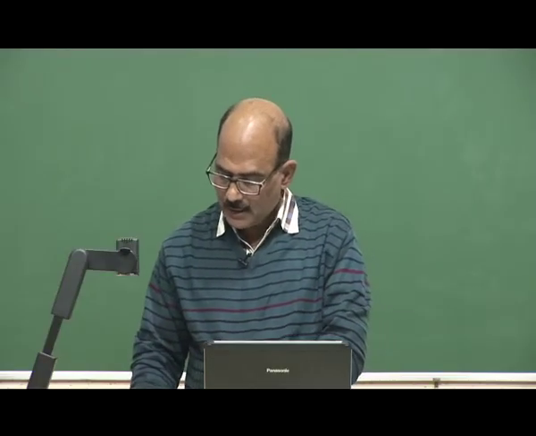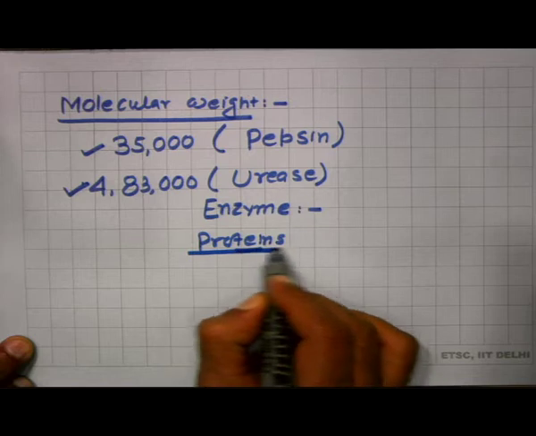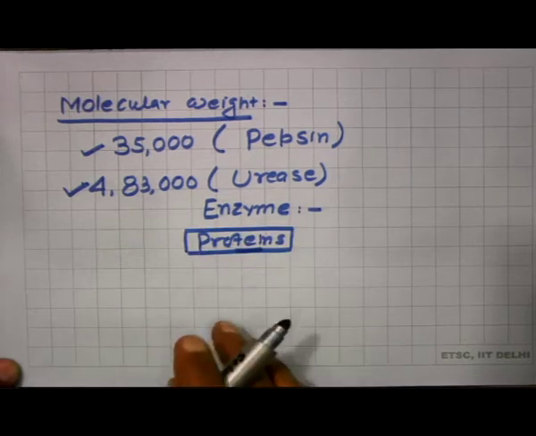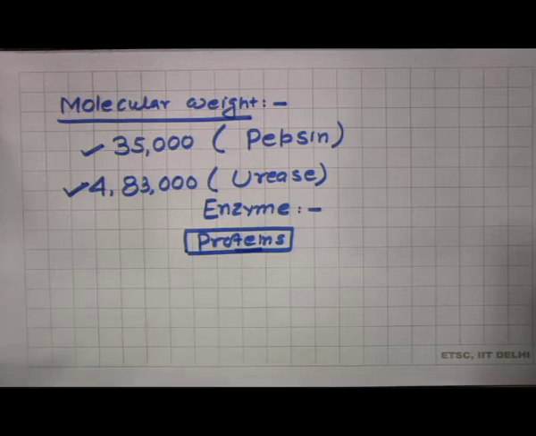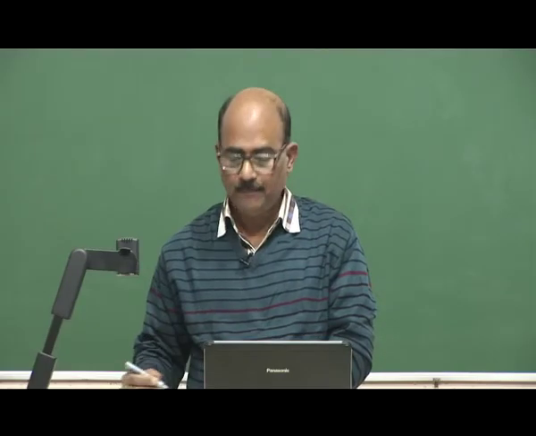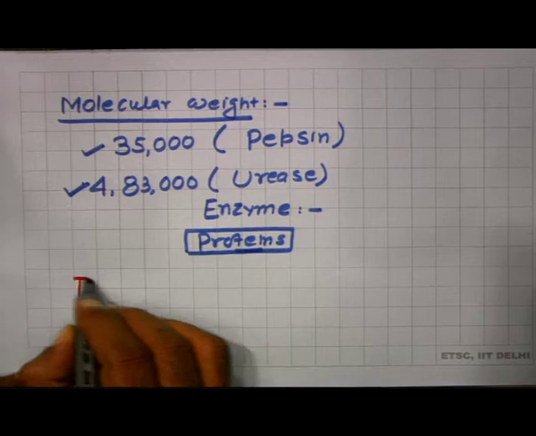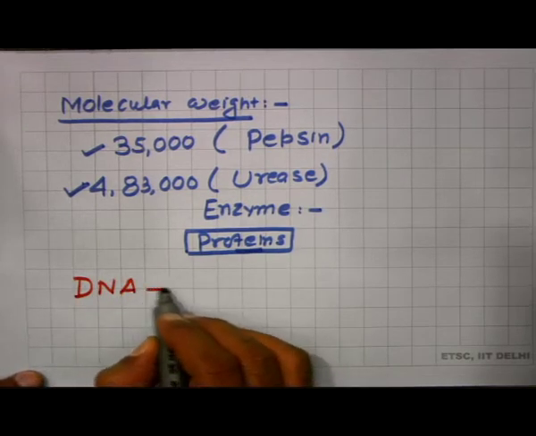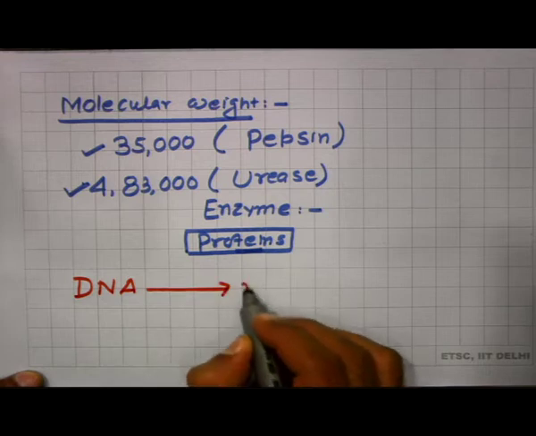We know that this protein is formed with the help of DNA. How this protein or enzyme is formed, that DNA we have discussed in my nucleic acid chapter. First of all, DNA forms messenger RNA.